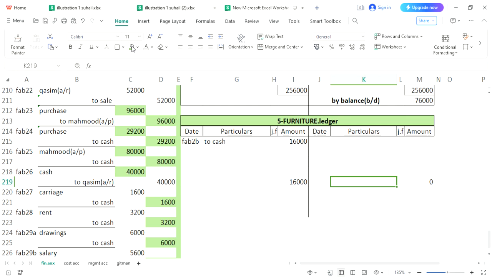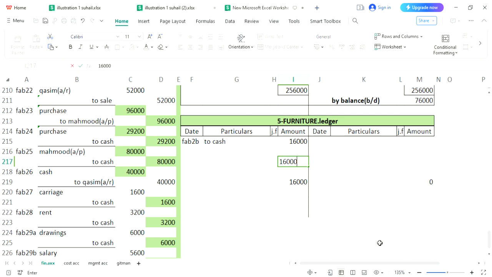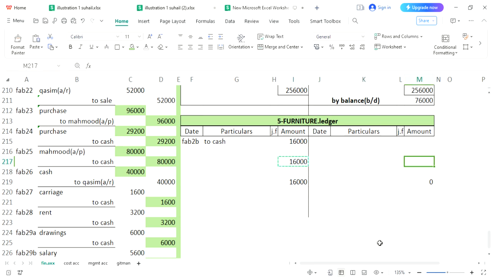Choose the larger sum, which is 16,000, and write down on total of both sides the larger sum. On debit side you have written, now it's time to write on credit side. So larger sum is written on both sides, total of both sides.